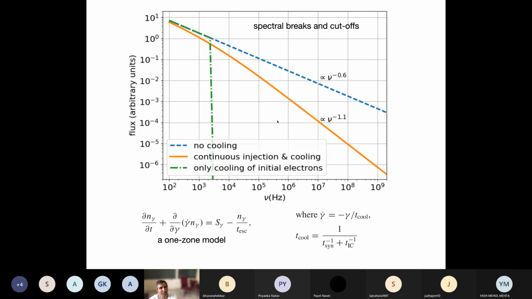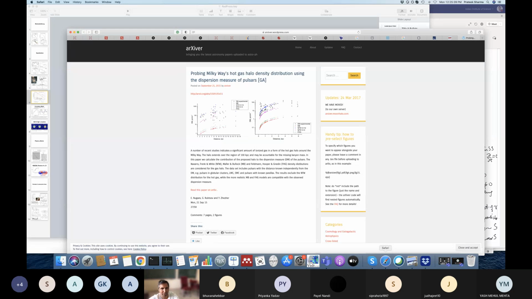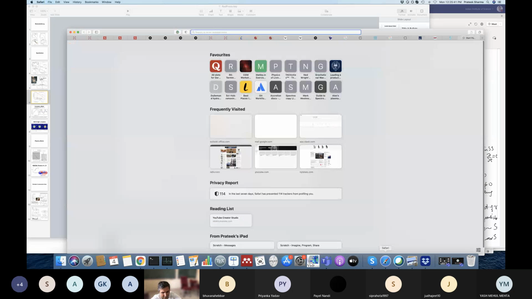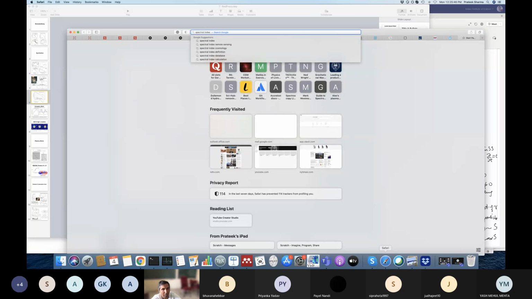So you will also see the effect of cooling in something called spectral aging. So let me open up something, just a sec. Spectral index map. Radio galaxy.